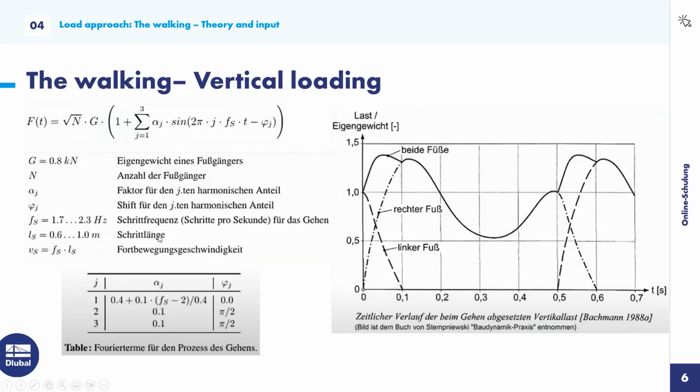And for the first part of this walking, we will only look at the local placement of those loads and not at the time. So we don't care yet about the time, and we will only look at this value, and we will pick a step length of 0.625 meters.